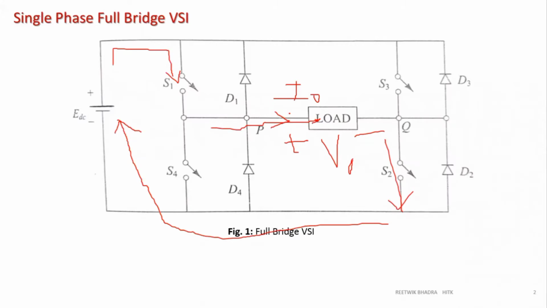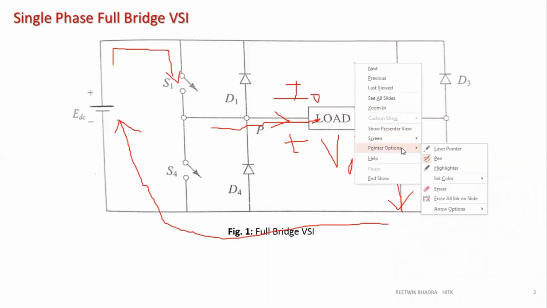So the current direction that flows is the same as I naught, so obviously we will get a positive current. And since the current is entering in this direction, this side will be plus and this side will be minus. Comparing that voltage with this V naught gives positive voltage. So that's why we'll get positive voltage and positive current when S1 and S2 are on.